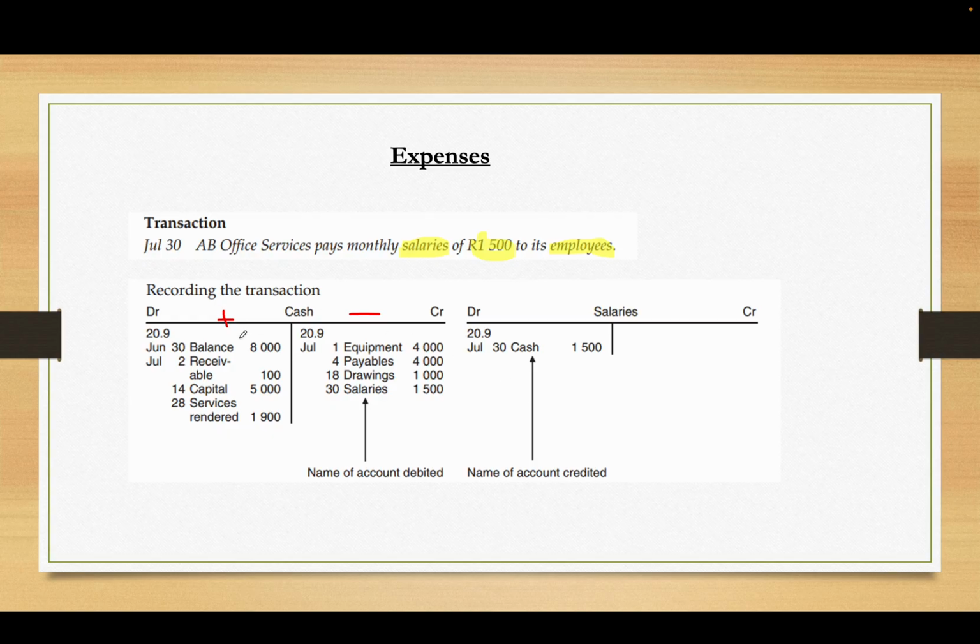It's going to be a minus, it's going to be a plus, because remember, it's equities.